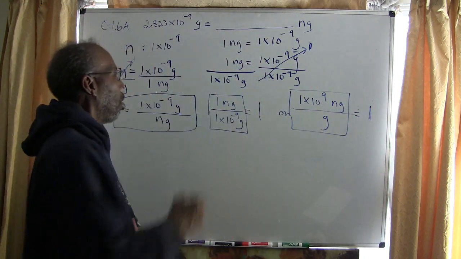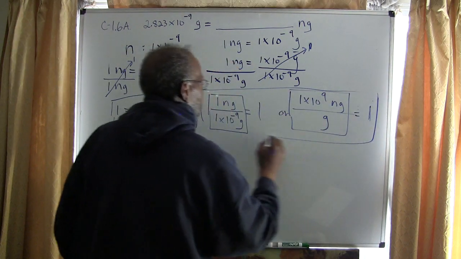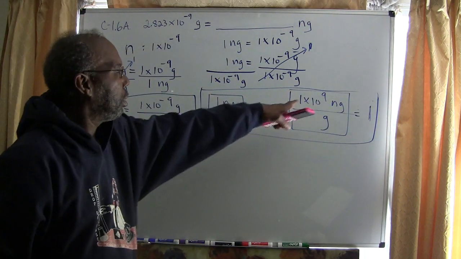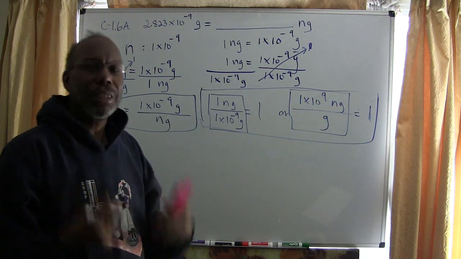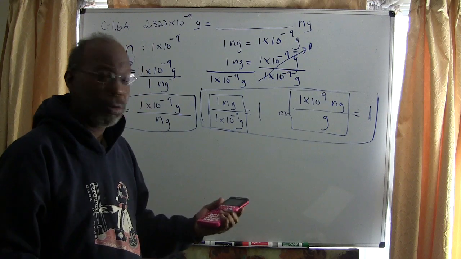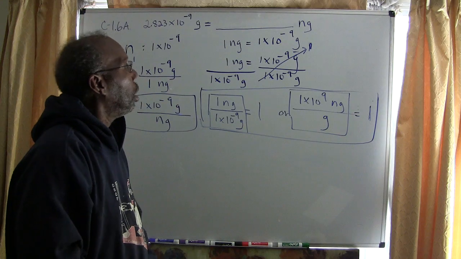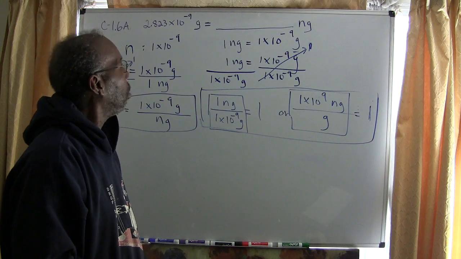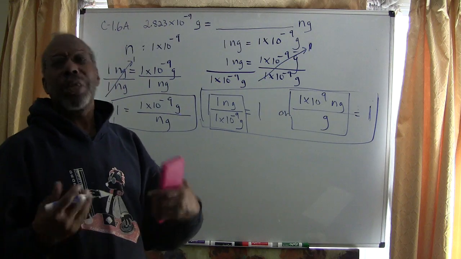These two are the same conversion factor. The only difference is that this one has it in the numerator and this one in the denominator. It all depends on how you want to use it. Since I'm converting from grams to nanograms, I need my grams to cancel out.